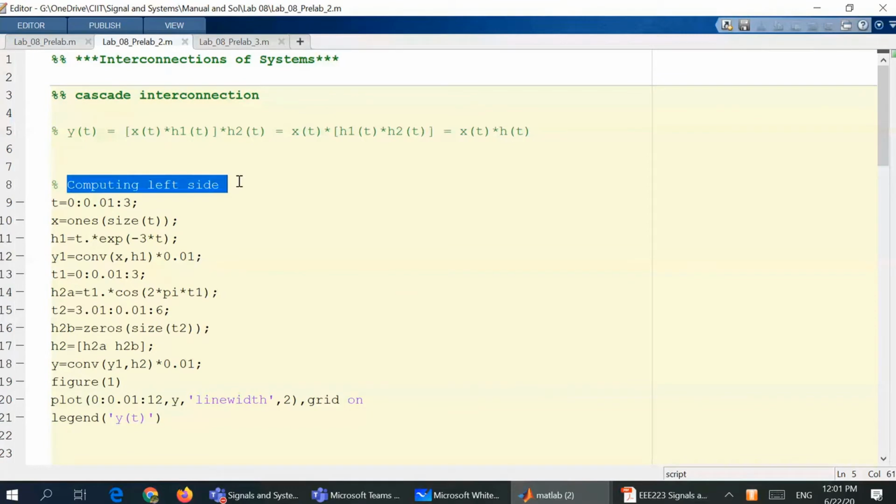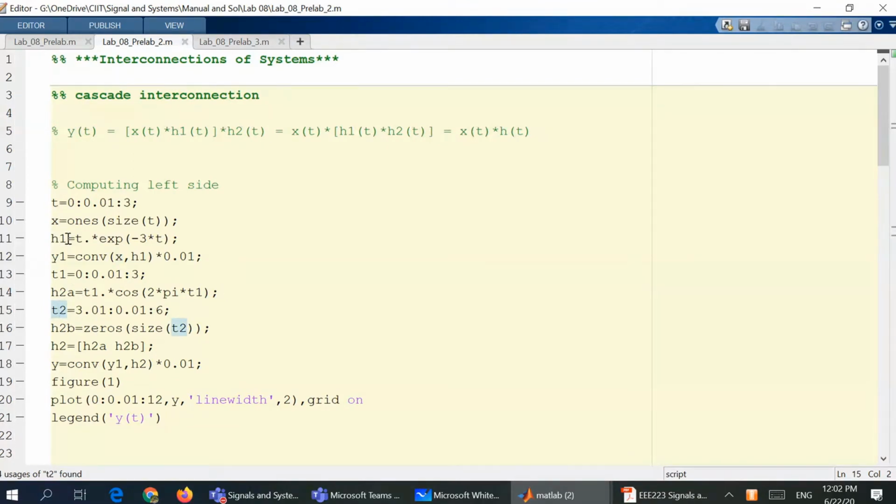So if we compute the left side, we have defined the systems for the time t from 0 to 3. Signals are, again, x is a pulse, h1 is t raised to power minus 3t, और इसी तरह h2 क्या है? h2 is t cos 2 pi t.